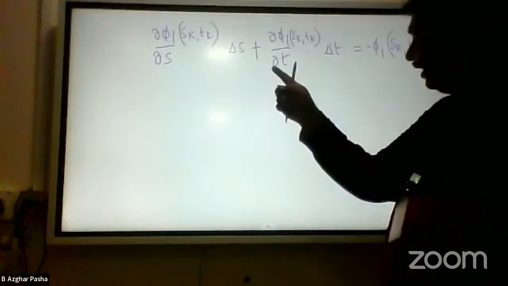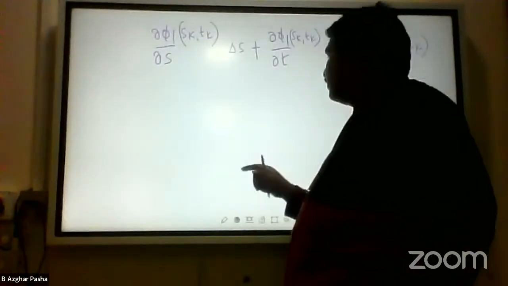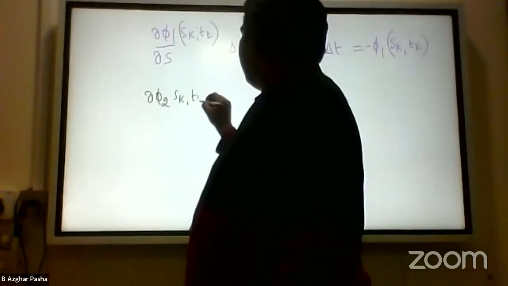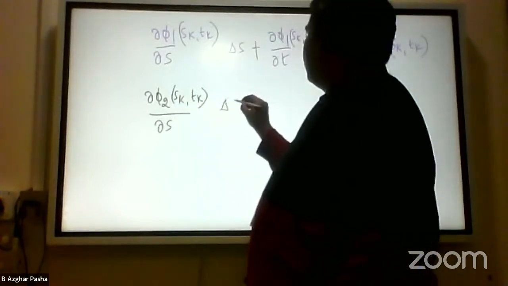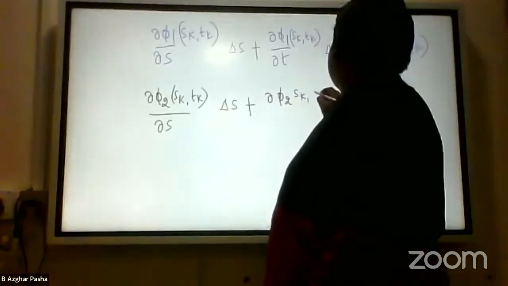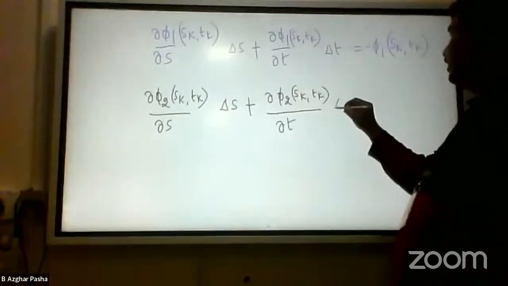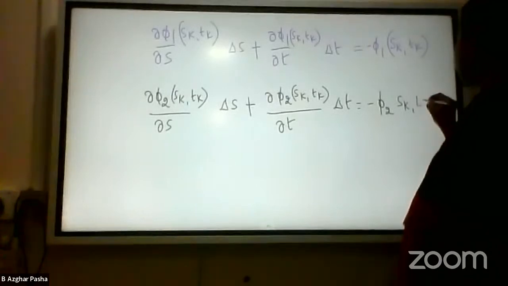Similarly, from phi2, I'll get a similar equation: dou phi2 by dou S into delta S plus dou phi2 by dou T into delta T is equal to minus phi2 at SK comma TK.